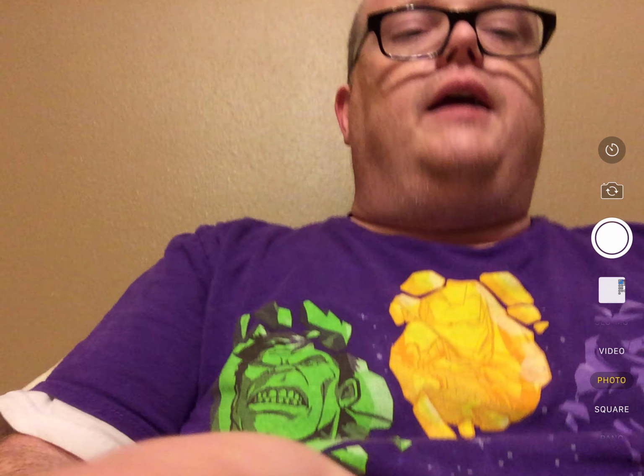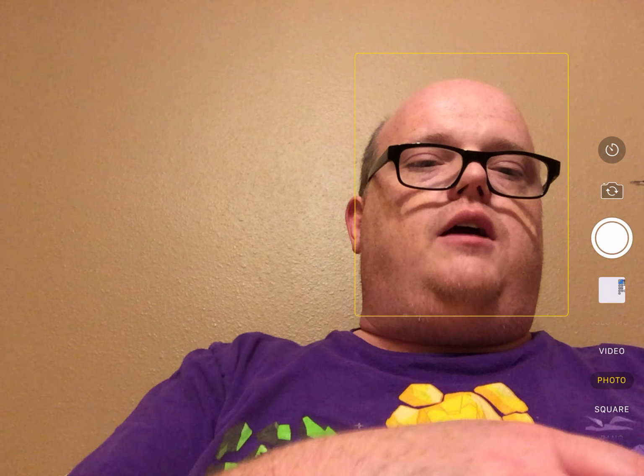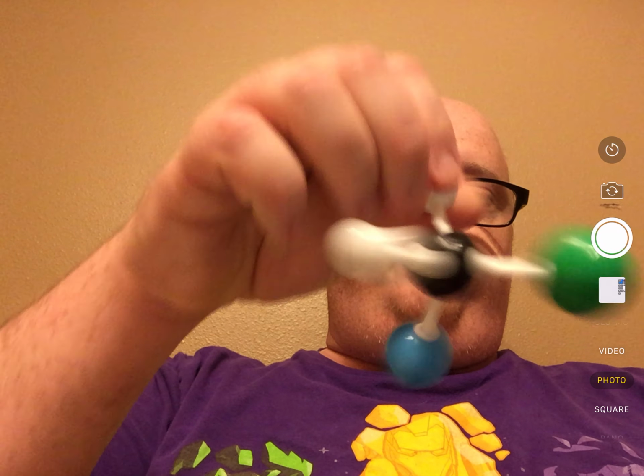Hey, I got smarter this time and covered up the camera before I turned it on. Alright, so here are a couple of molecules representing the one I just put up. Okay?